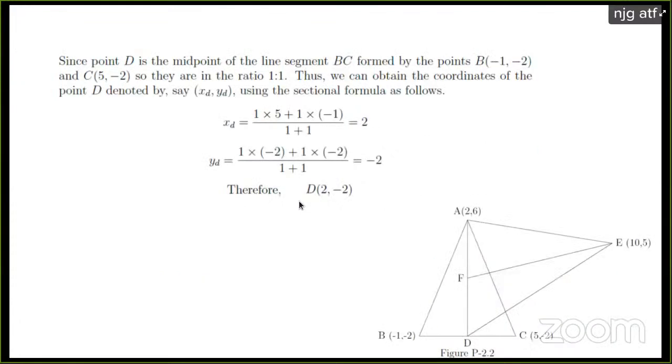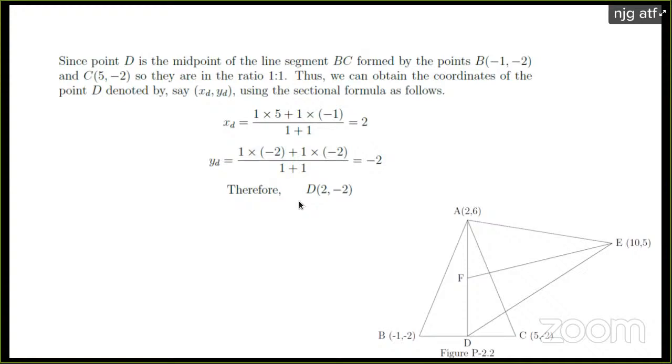So that is what we do. We are given that D is the midpoint. So D internally cuts BC in the ratio 1:1. That is what the midpoint says.